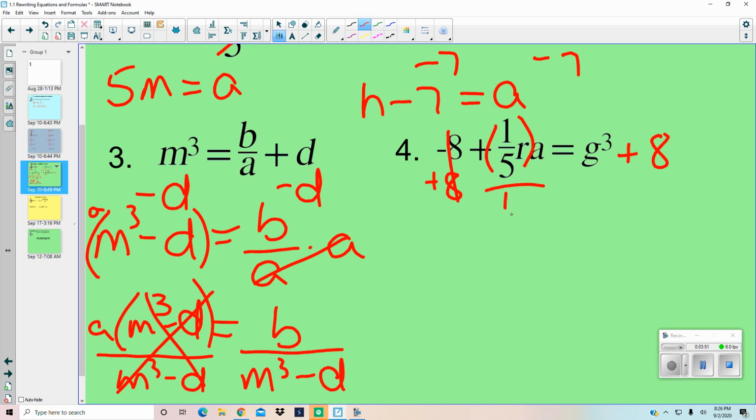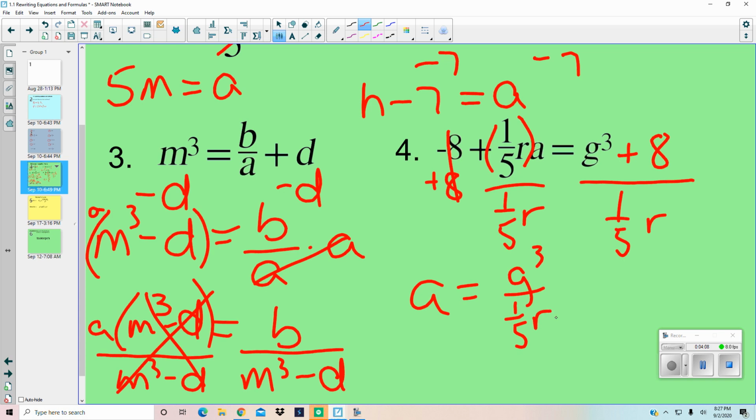So I'd have to divide this whole thing by 1/5 R. Another way to think about it is taking the G cubed divided by 1/5 R and the 8 divided by 1/5 R. When you divide by a fraction, you multiply by the reciprocal.